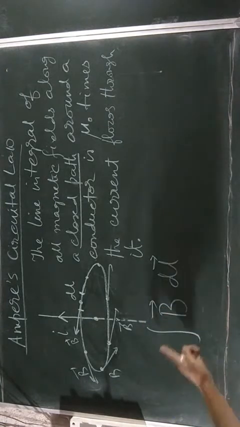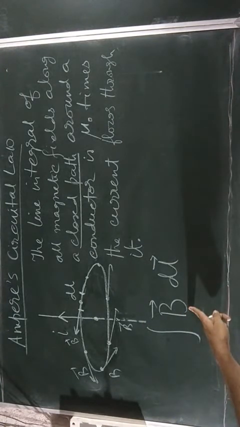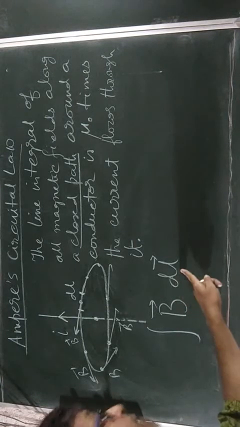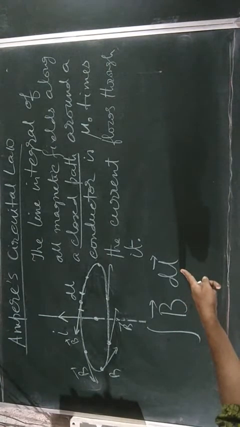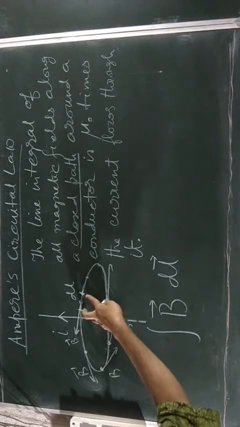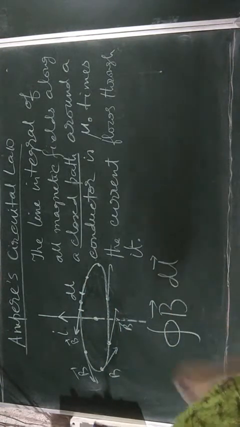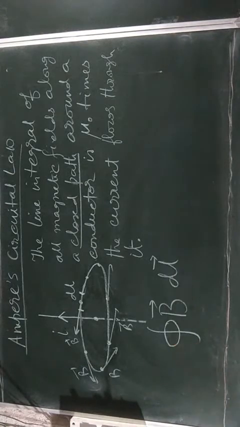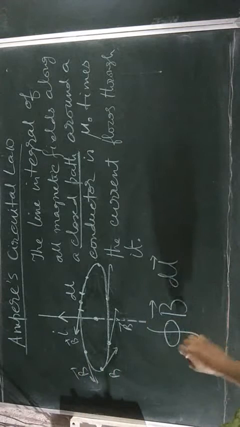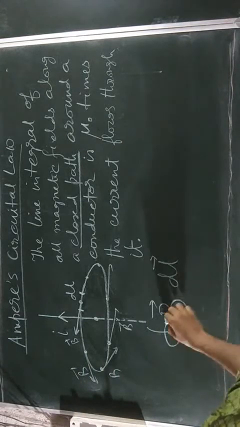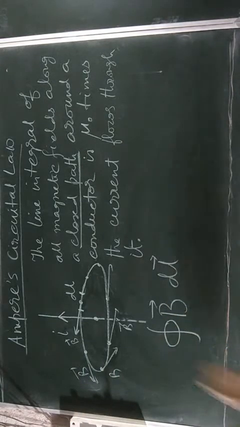So we have to integrate, we have to make the sum of all those magnetic fields with respect to the small sections of the line. If we apply this symbol, this means closed path integration. This is also called a line integral, a closed line integral.